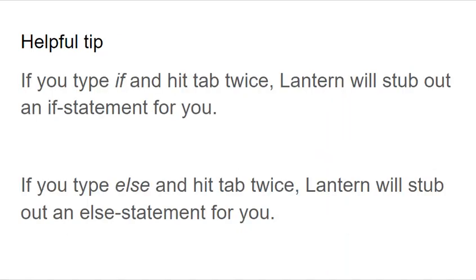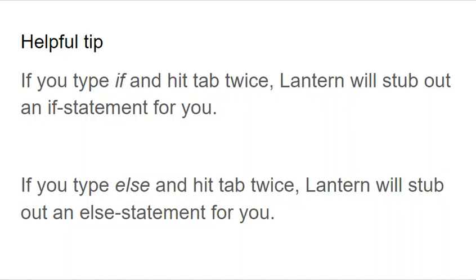Now, to help you write code that is easy to read, I would let Lantern write as much of the code for you as possible. So if you type the word if and hit the tab key twice, Lantern will stub out an if statement for you. If you type out the word else and hit tab twice, Lantern will stub out an else statement for you.